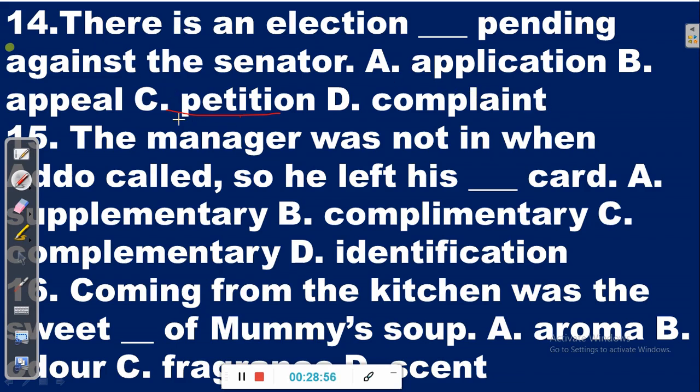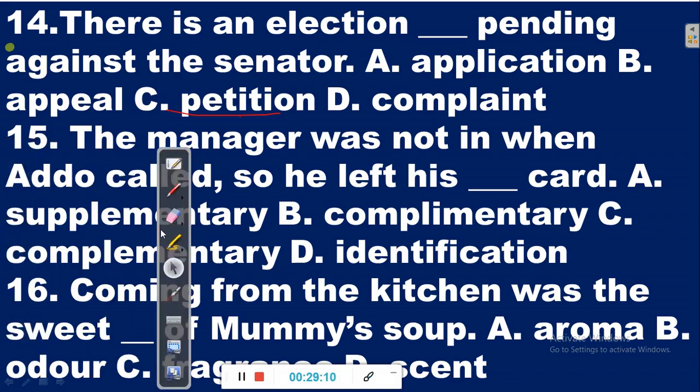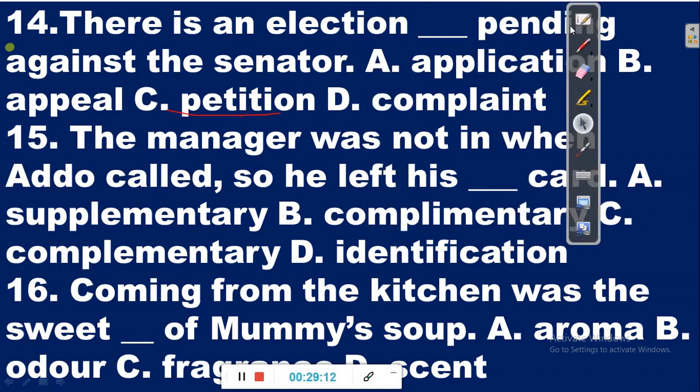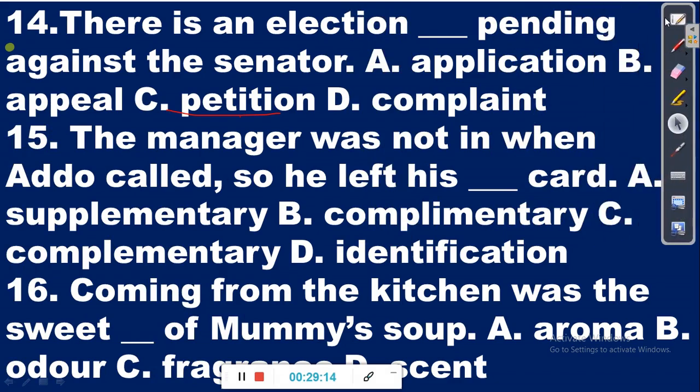So the appropriate option is C. There is an election petition pending against the senator. Okay, so let's now move on to question 15. Let's try to move this away from here so we can see quite clearly. All right.